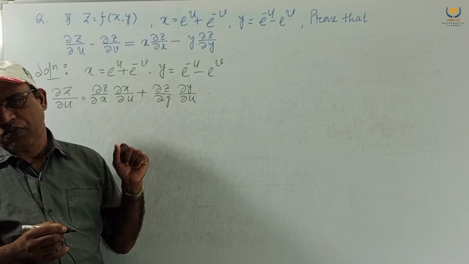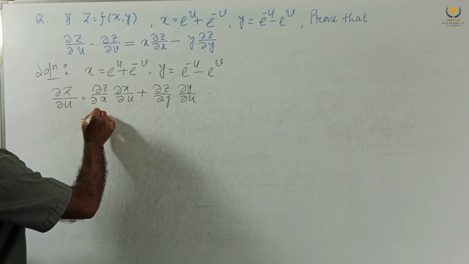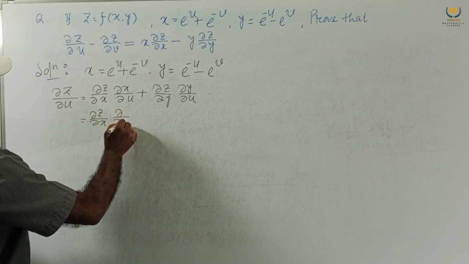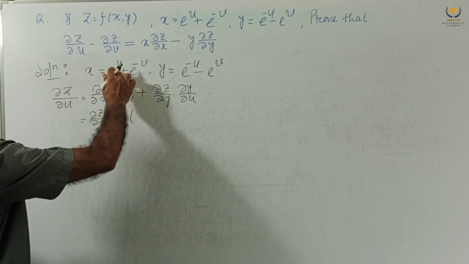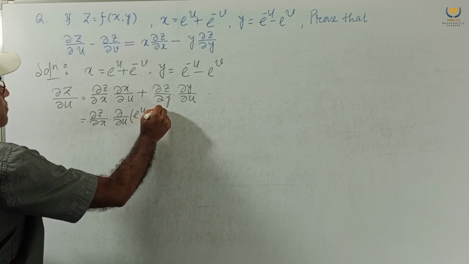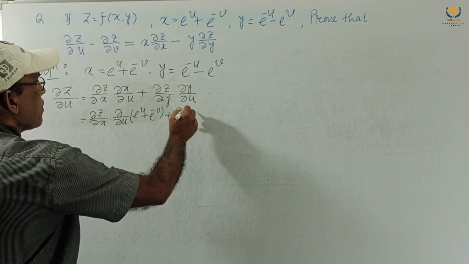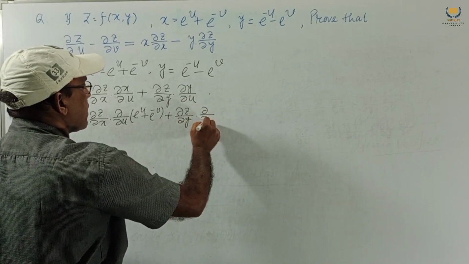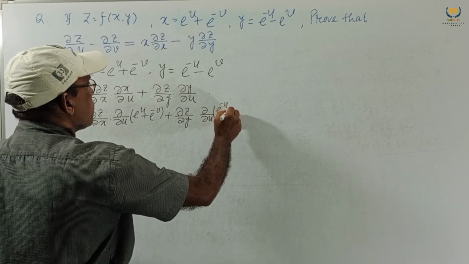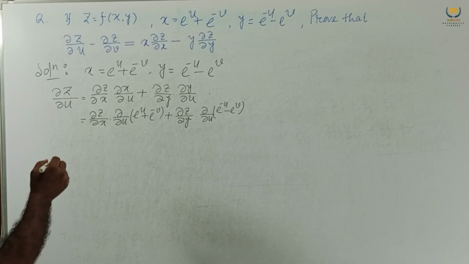This is called chain rule formula. Putting the value, del z del x remains same, del x del u, x means e to the power u plus e to the power minus v, del z del y, this del y del u, e to the power minus u minus e to the power v, we get this.